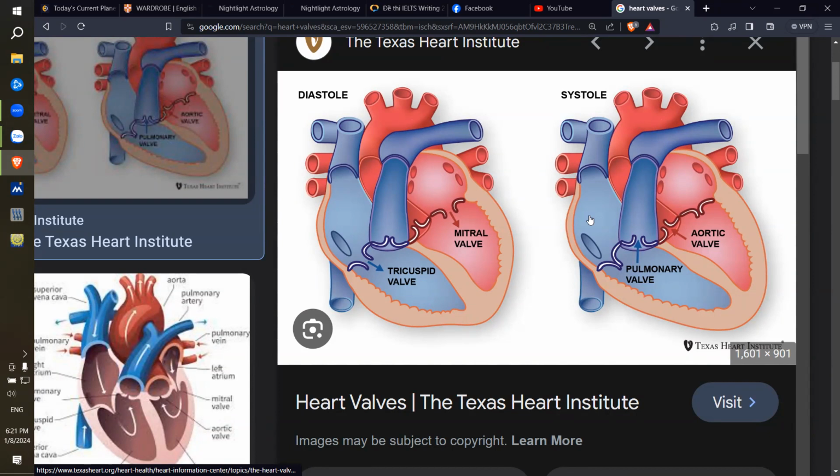Basically, during systole, both of the ventricles contract. So where's that blood going? It has to go through the pulmonary valve and aortic valve, which we call semilunar valves.